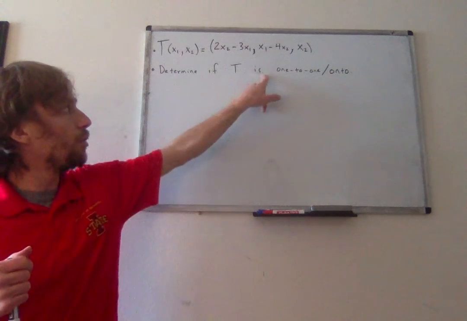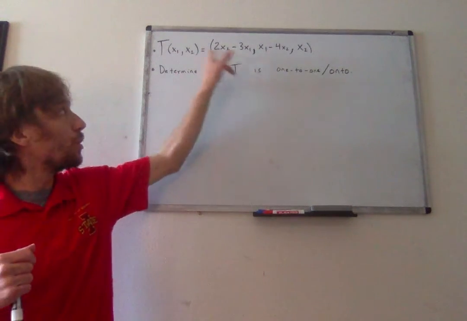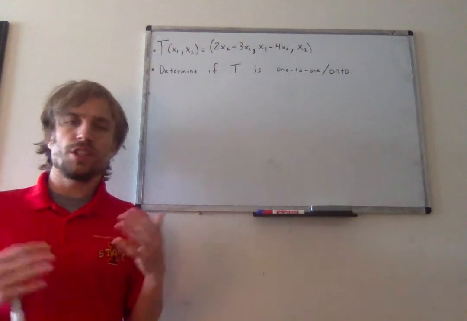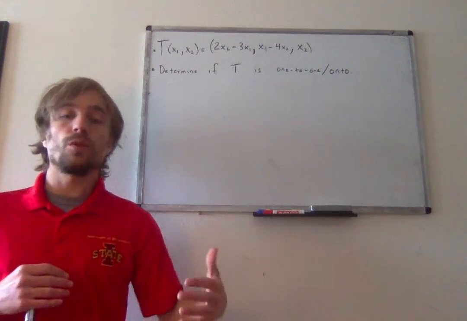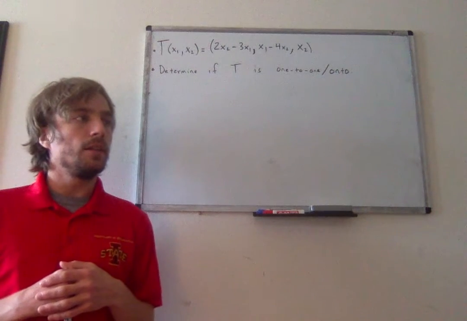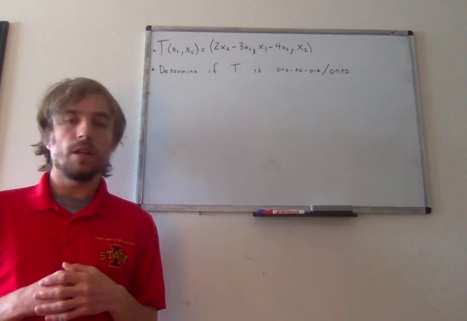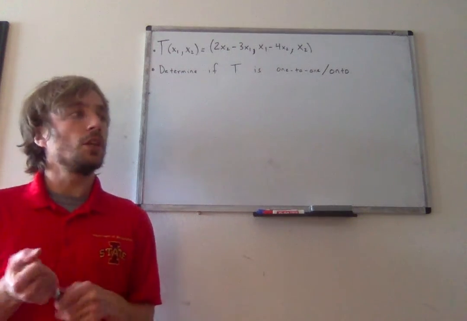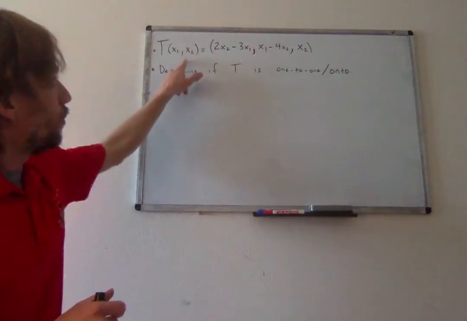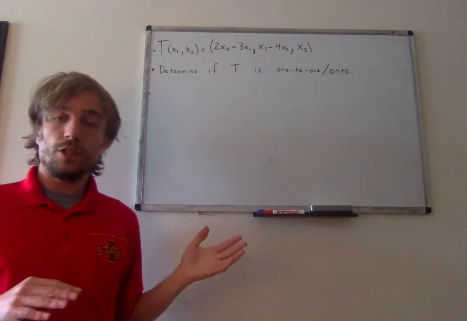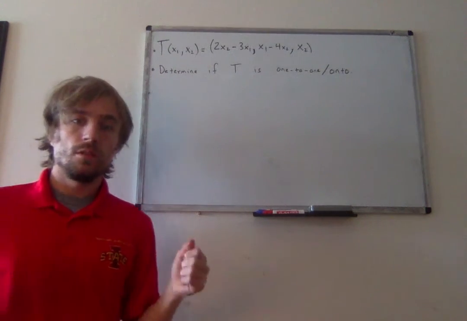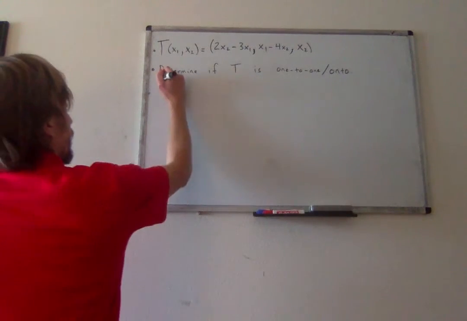Then what I want to do after that is determine whether or not this matrix is one-to-one and onto, in order to give one example where we actually fully row reduce a matrix and examine some of its properties. We know now that every single linear transformation, even this one, has some corresponding matrix. So the first thing we want to do is find that matrix.